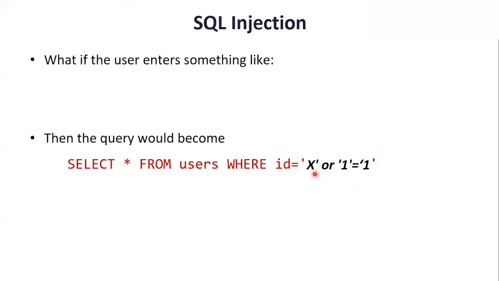Now the query becomes select all from users where ID equals X or 1 equals 1. And what does that mean? Our where clause has now become where ID equals X or 1 equals 1. As you can see, 1 equals 1 is always true. For any record in the users table, this would be a satisfying condition. That means it will return all the users in the table.